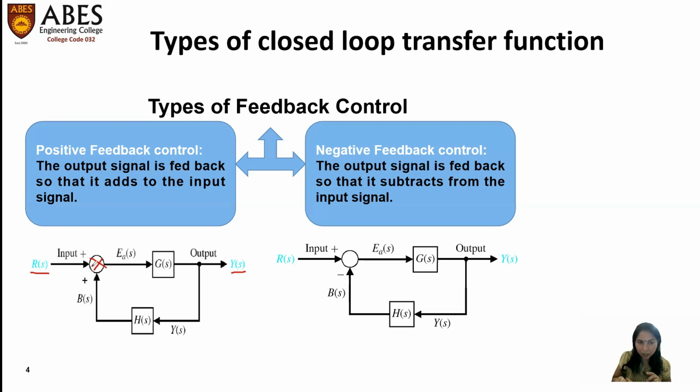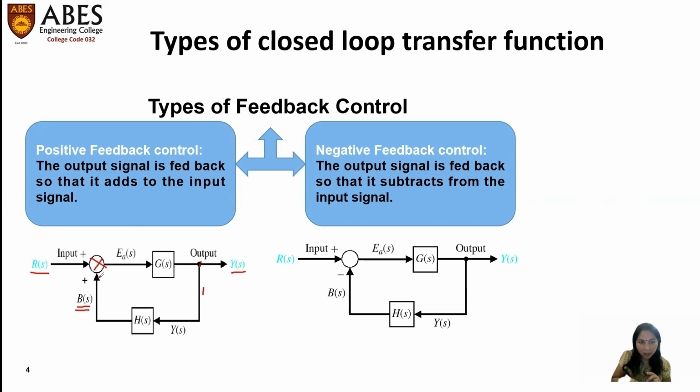One is the input signal and the other is the output signal which we are fetching and taking towards this summation point. Just look here. This output signal, Y(S), we have fetched from this point, and this Y(S) with the gain H(S) we have given to the summation point, and that signal is called B(S). This signal is called the feedback signal.